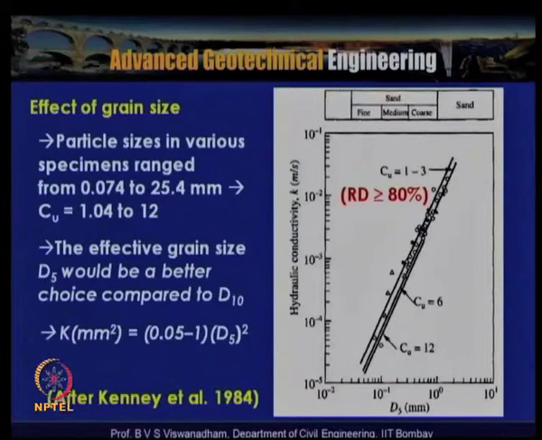The absolute permeability K in square millimeters is given as 0.05 to 1 times D5 squared, where D5 is in millimeters. This relationship was proposed by Kenney et al. 1984, and the effective grain size D5 was reported as a better choice compared to D10.